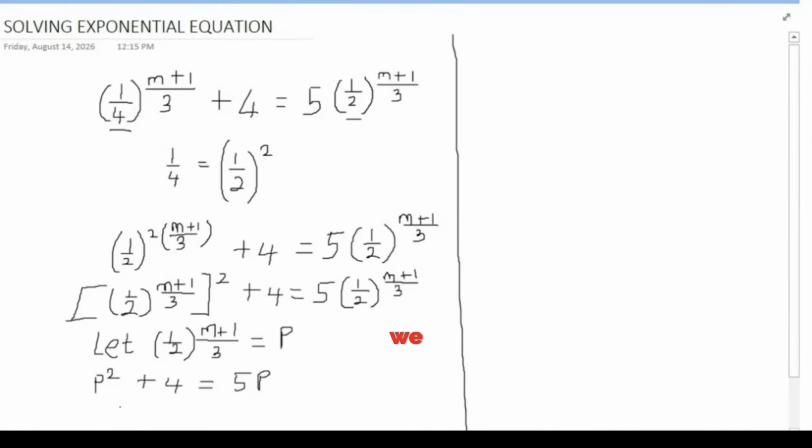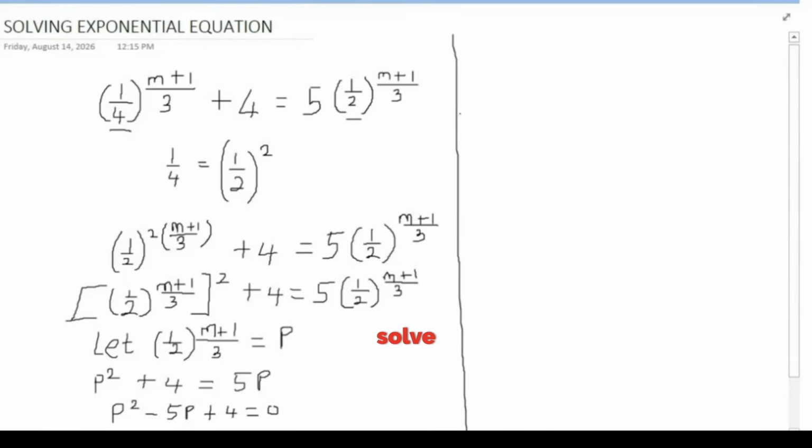And if we rewrite this quadratic equation in the standard form, we are going to have P squared minus 5P plus 4 equals to 0. That is, I brought minus 5P to the left-hand side. So this is now a standard quadratic equation.